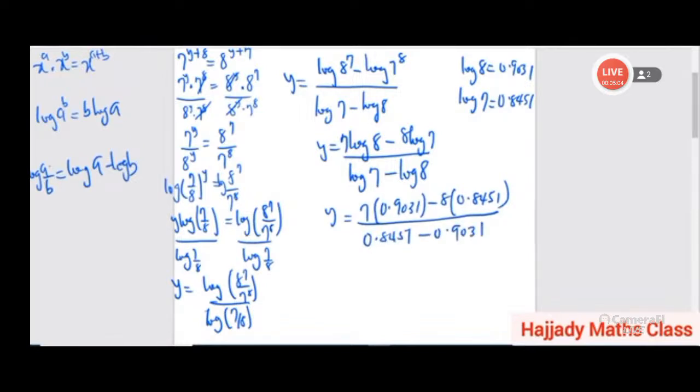Solving this, my numerator is going to give me minus 0.4391 over minus 0.05. So finally, I can say that y is approximately 7.571. So this is my final answer.